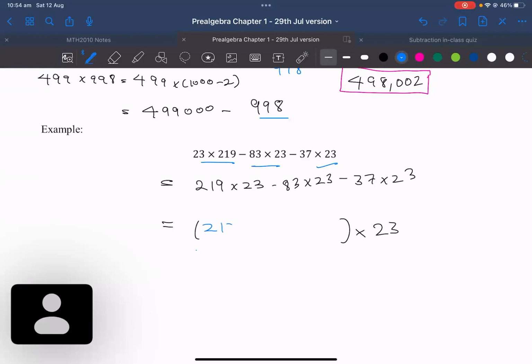Yep. And 83, plus or minus? Minus 83, and then minus 37. Yep. And do you guys get what he's doing there? Yeah. But why is it minus there? Yeah, good. All right, now what's 219 minus 83 minus 37?